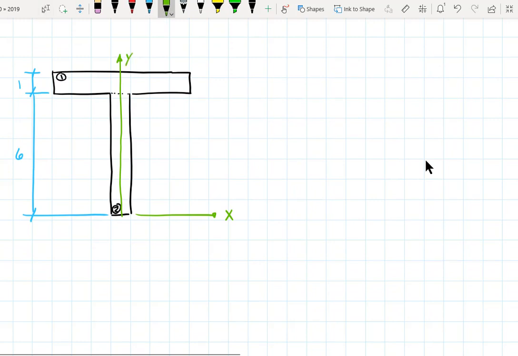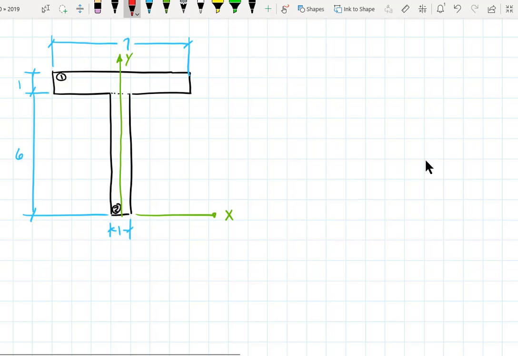Oh, I lost part of the y. This one 1, 2, 3, 4, 5, 6, 7 across here, and 1 for this distance.